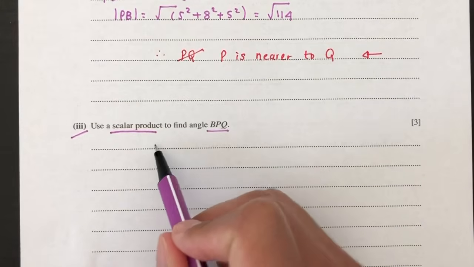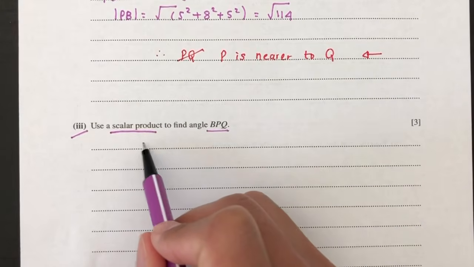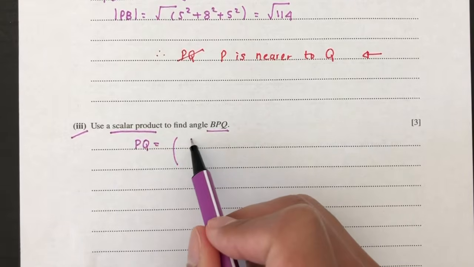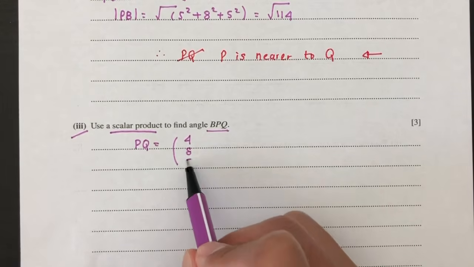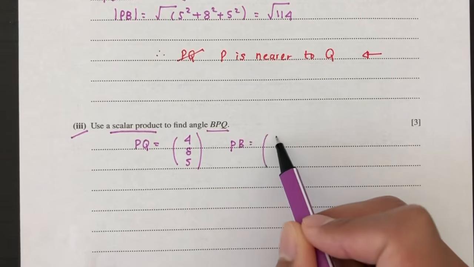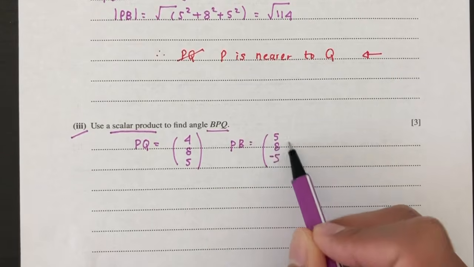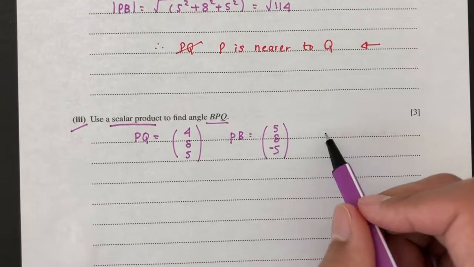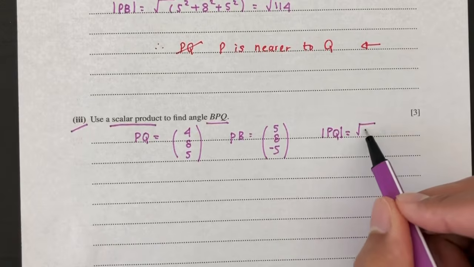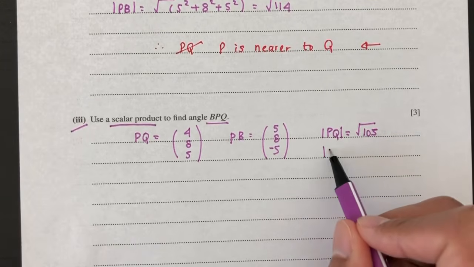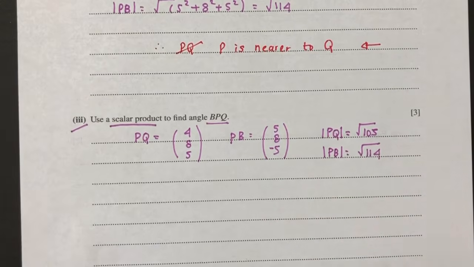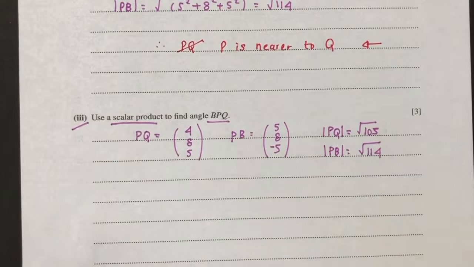Here we have PQ already. In vector form, you have 4, 8, 5, and PB is equal to 5, 8, minus 5. And we know the magnitude of PQ is root of 105, and the magnitude of PB is root of 114. So what is the formula for scalar product?